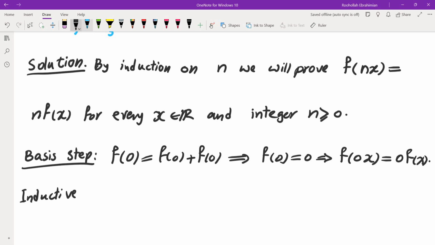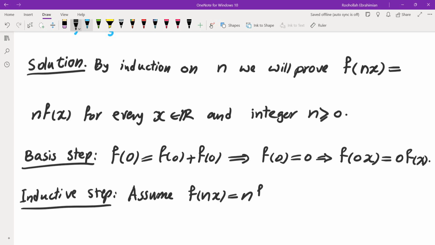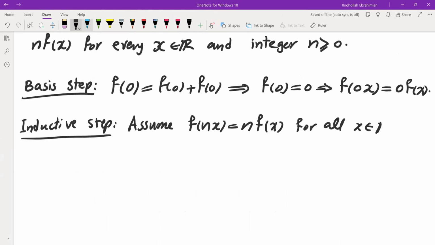Inductive step. Assume that this is true. Assume f of nx is n f of x for all x in R and some integer n.